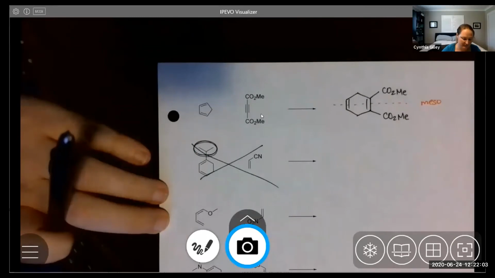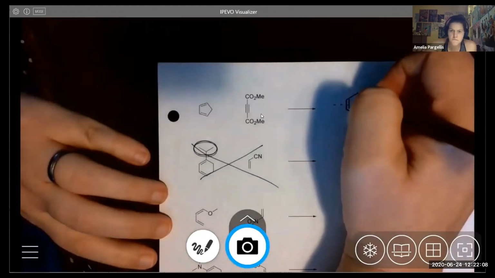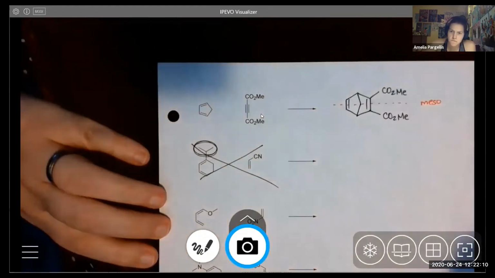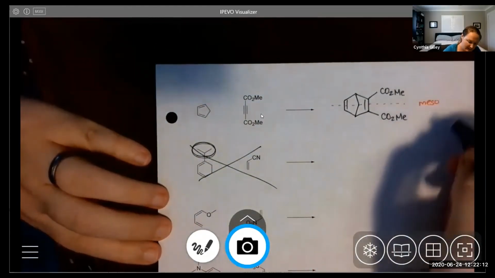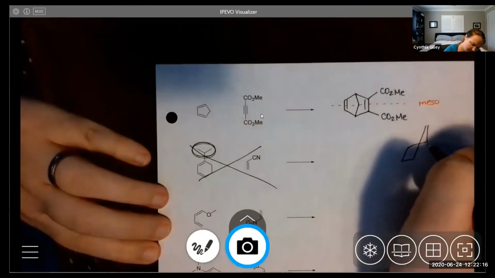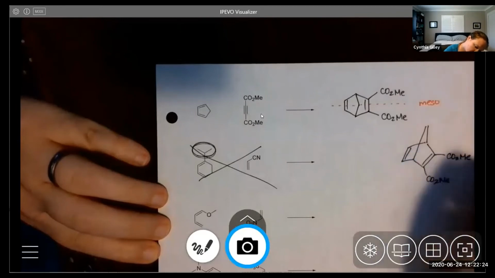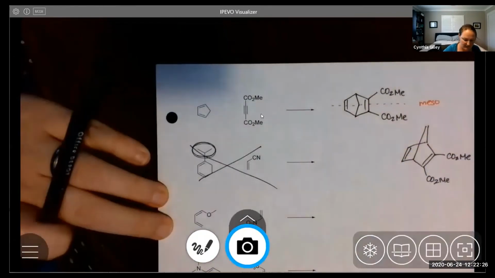Oh my gosh, right. So you could kind of draw it like this, or better to draw it the bicyclic way. This has two double bonds. And it is still.